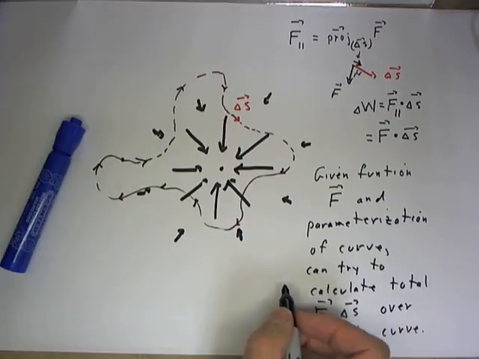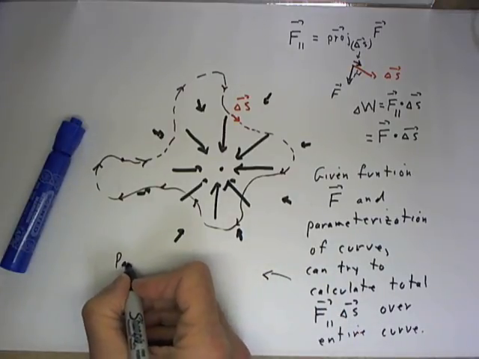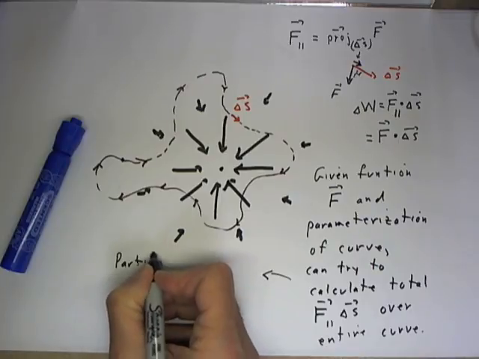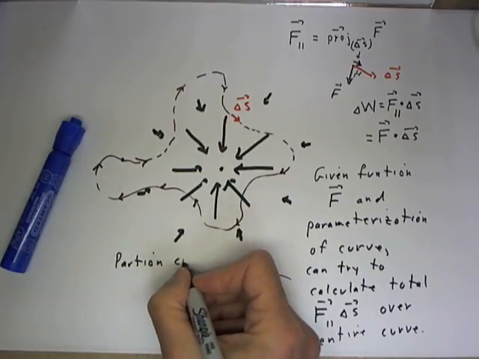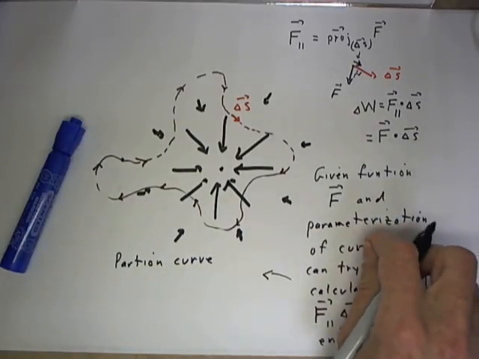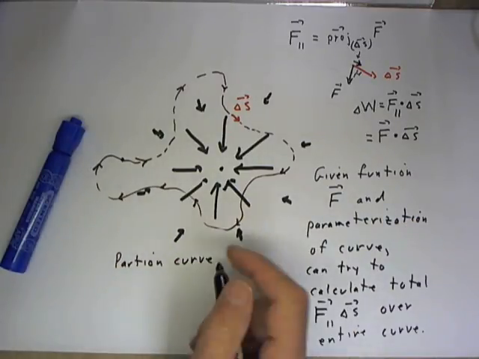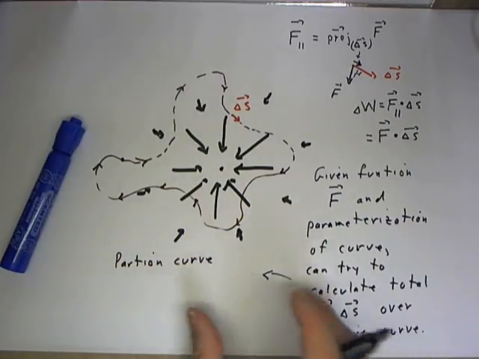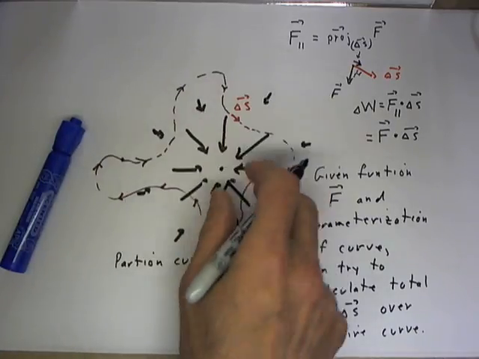Our strategy for doing that is going to be to partition the parameterization or the curve. We're going to partition the range of the parameter, but let's not get into the details. Just conceptually, we're going to partition our curve into small pieces.